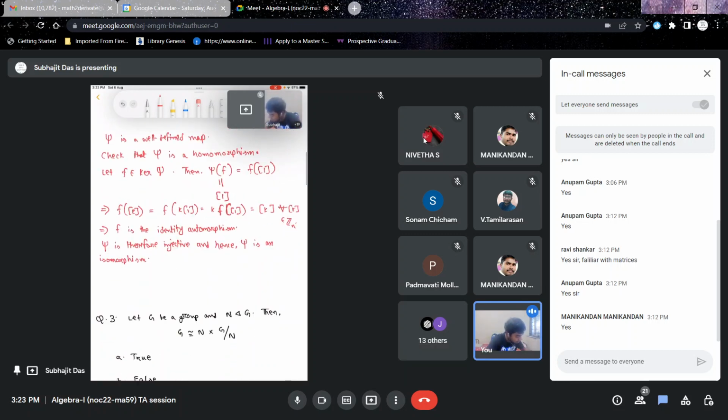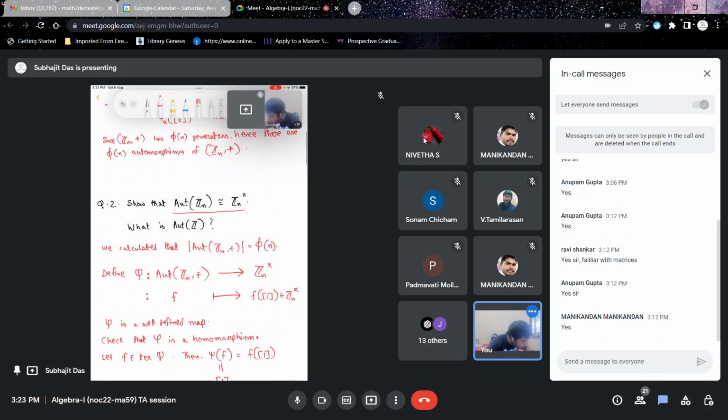Since I don't have much space, I will write it here. So there are two automorphisms, one which maps n onto n, and the other one which maps n onto -n, right?